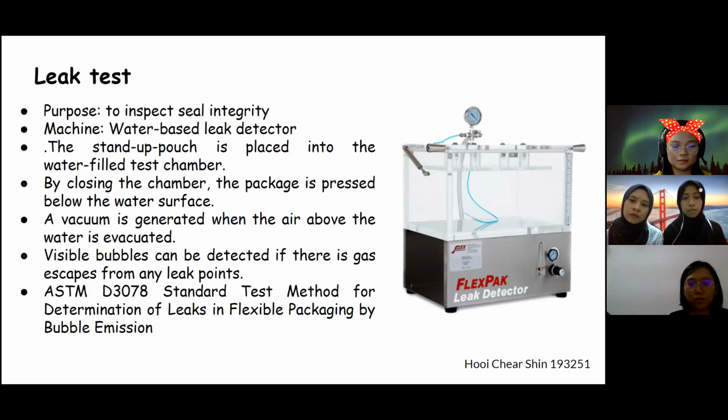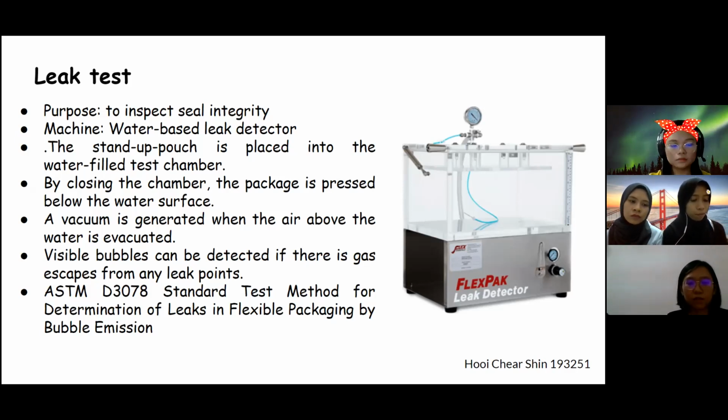Firstly, the stand-up pouch will be put into the water-filled test chamber, as shown in the picture on the right side. When we close the chamber, the package is pressed below the water surface. A vacuum is generated when the air above the water is evacuated.